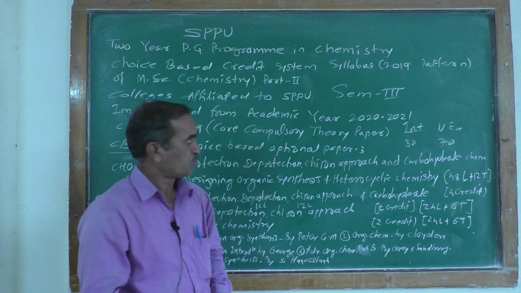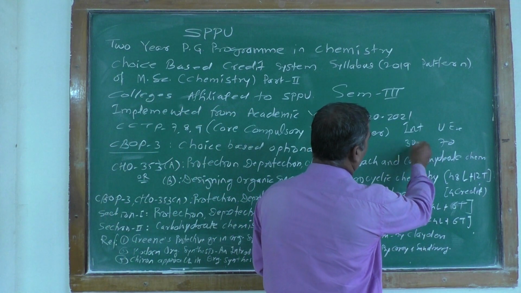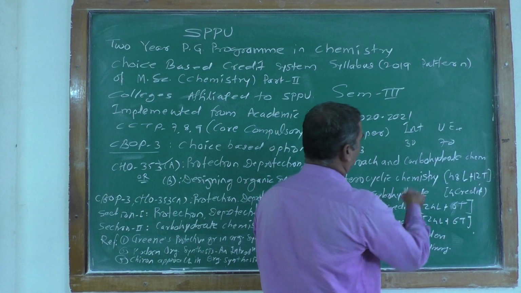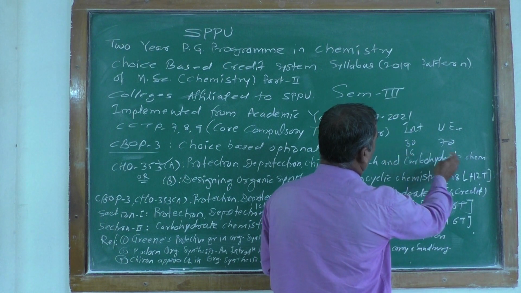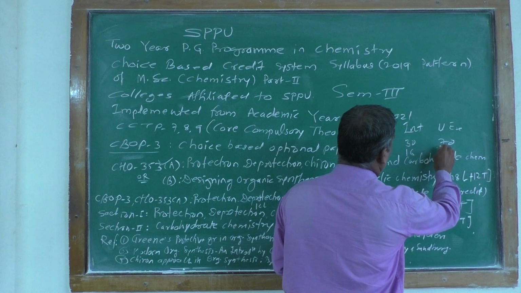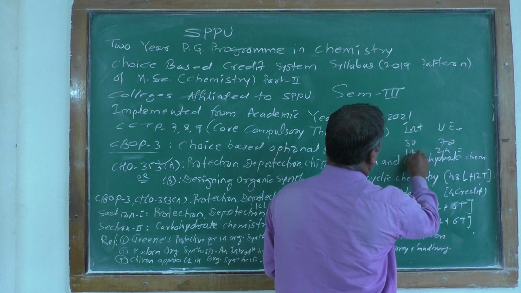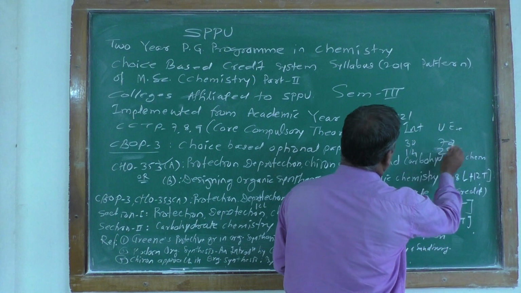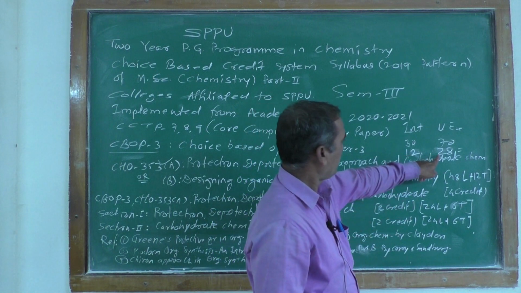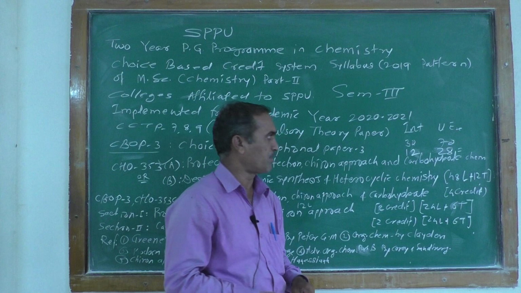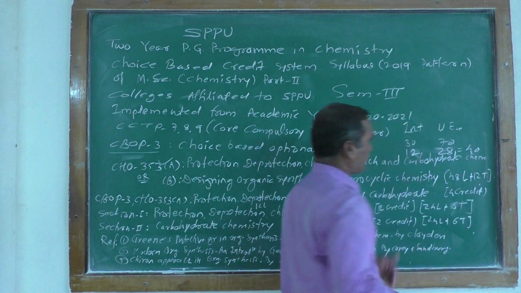So how much mark is required? Suppose out of 30 you may get 12 marks, and out of 70 you must get 28, and then the total becomes 40, which means your result will be a pass.